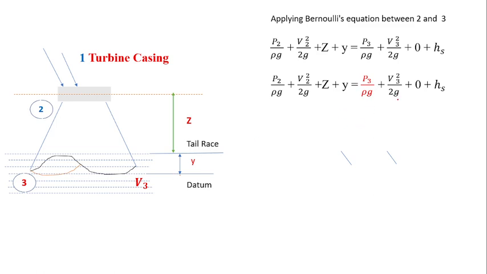P3 is nothing but atmospheric pressure. We substitute atmospheric pressure: P2 by rho g plus V2² by 2g plus z plus y equals PA by rho g plus V3² by 2g plus Hf.